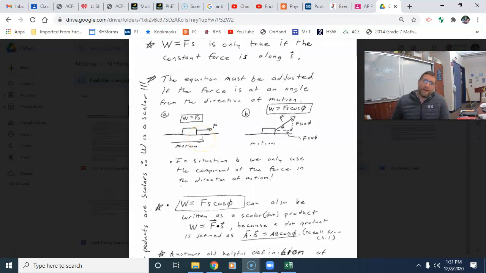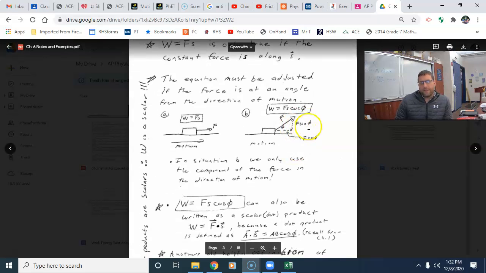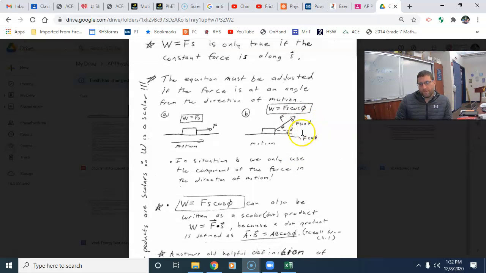However, we all know by now, many forces could be at angles to the motion. And we've studied this when we did Newton's law stuff. When we pull at an angle, we have two components of F: the horizontal component, which can be found by F cosine of the angle, which I define as phi in this picture, and the vertical component of the force.